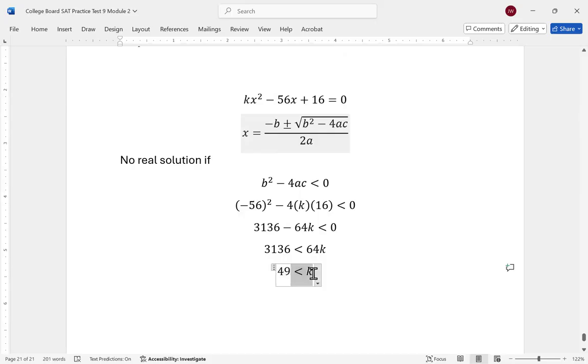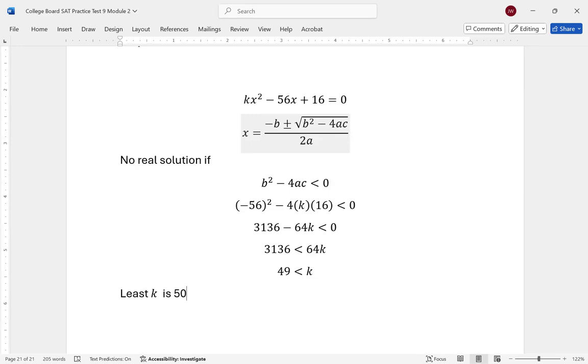We need our k to be bigger than 49. So the least k is actually 50. We need our k to be an integer, which is bigger than 49.